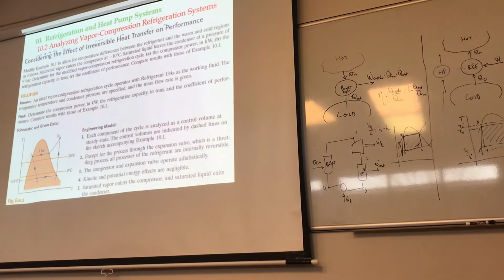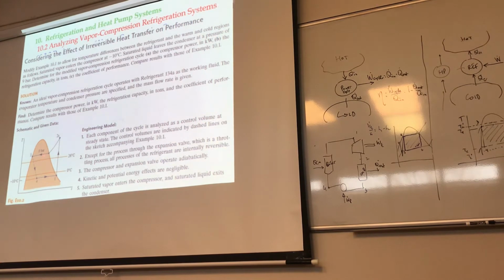In order for the heat transfer to occur, the temperature of the refrigerant has to be higher in one place and lower in the other. In reality it's not happening isentropically or reversibly. So modify the example to allow for the temperature difference between the refrigerant and the warm and cold regions.